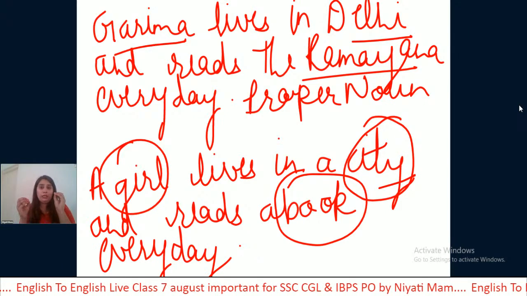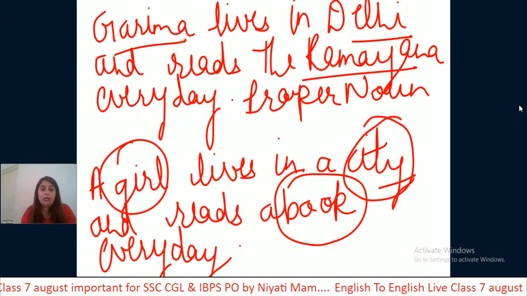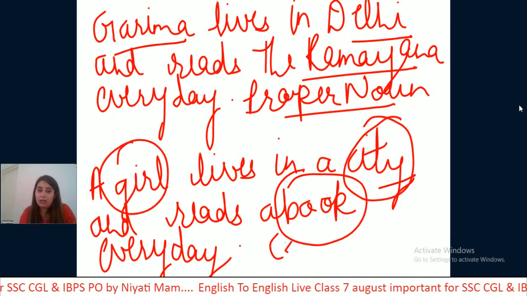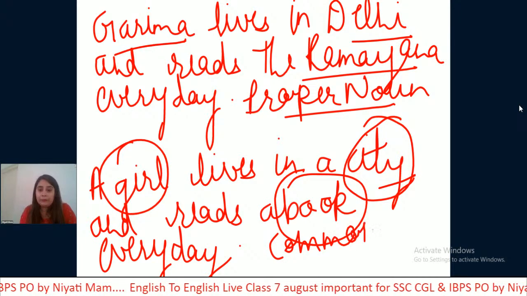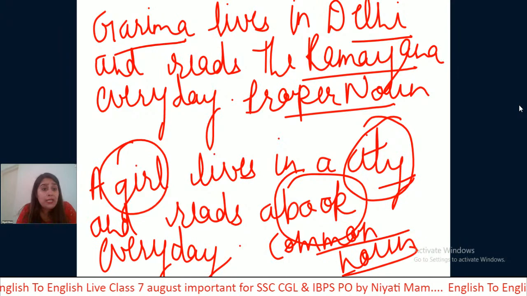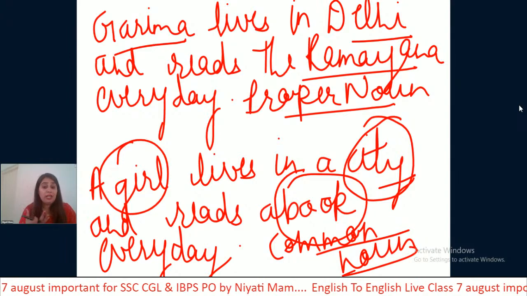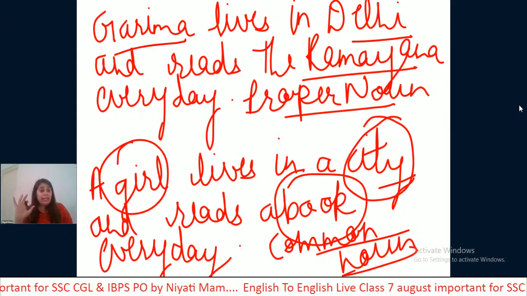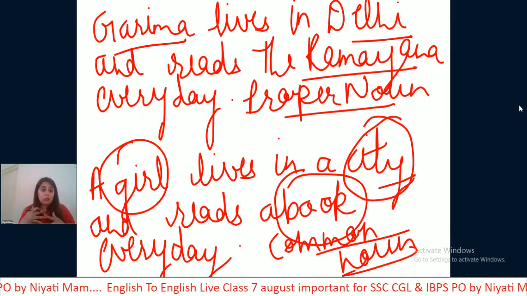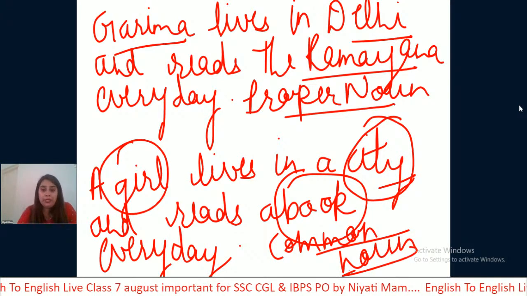So the examples in the first sentence are all proper nouns, and the examples in the second sentence are all common nouns. When we are referring to a class, a race, or the same kind of things, then the words are known as common noun. But when we're talking about a particular thing, place, or person, those words are known as proper noun, right?